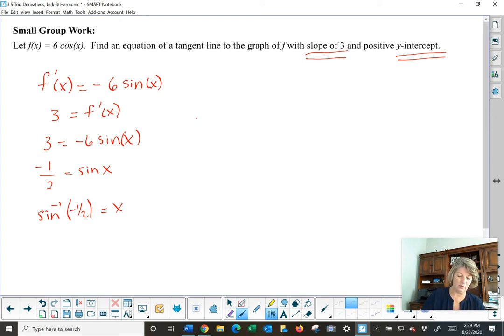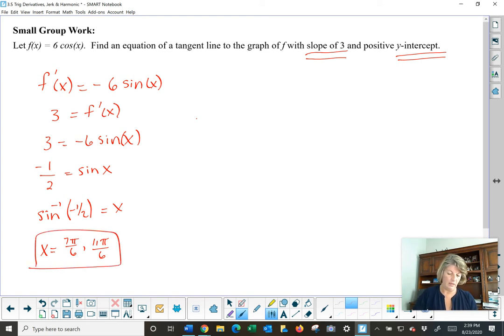On the unit circle, sine is equal to negative 1/2 at x equals 7 pi over 6, as well as, coming around the other side, 11 pi over 6. So there's our x value. It could be one of those two, couldn't it?